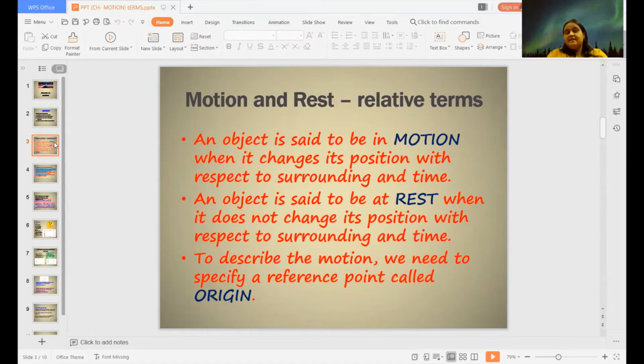So whenever we say the object is in motion or at rest, to describe the motion, we have to assign a reference point. The point with respect to which we are saying the object is at rest or the object is in motion. That reference point is called the origin, from where you are starting.